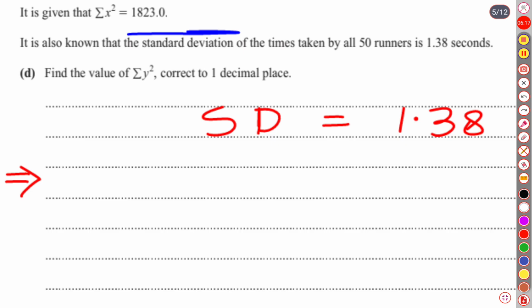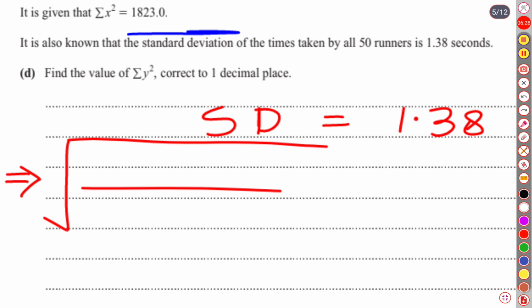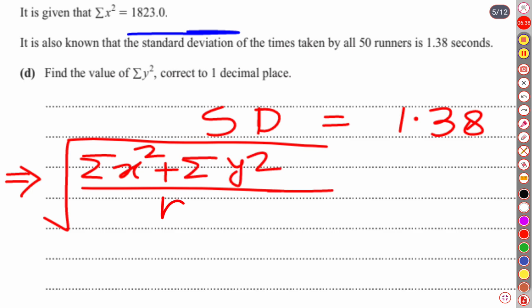The formula for standard deviation is square root of variance. And what is the variance? Variance is sum of x squared plus sum of y squared over total number, which is n, and our standard deviation is given as 1.38.